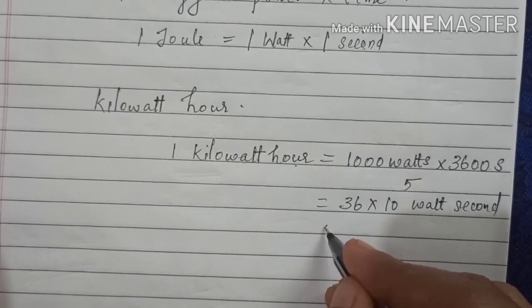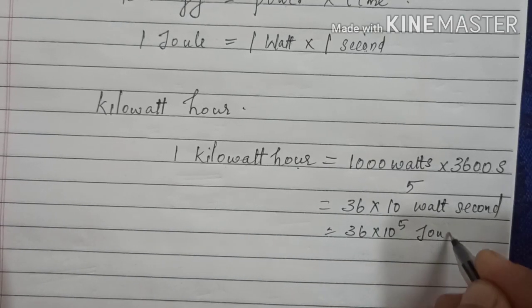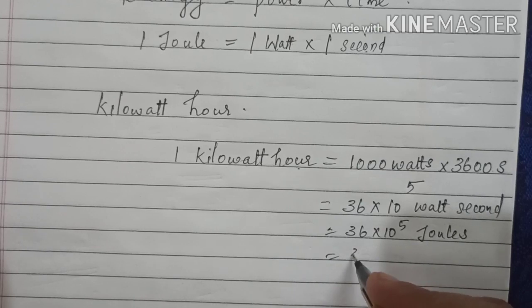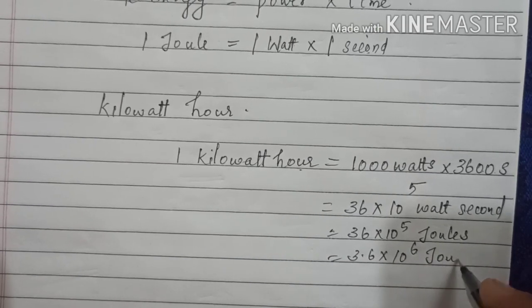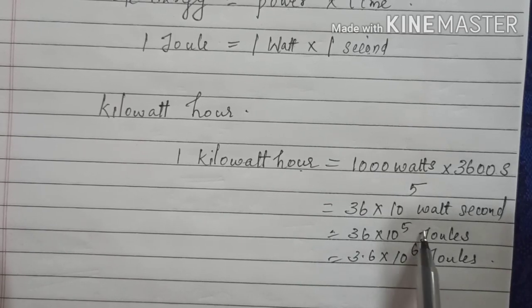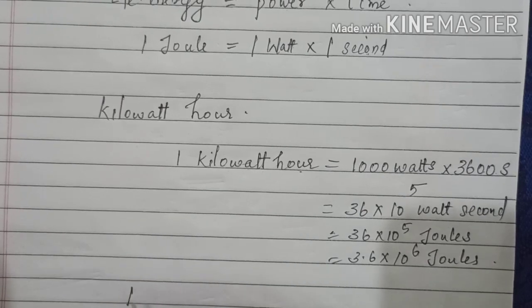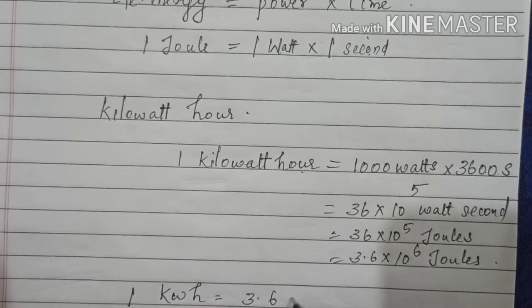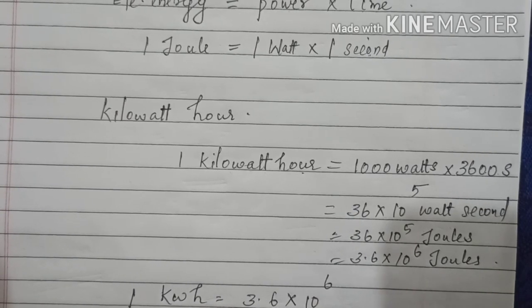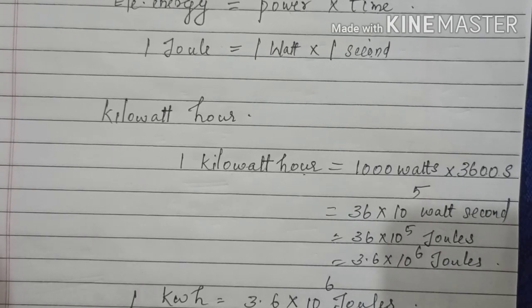So I can write 36 into 10 power 5 joules, or 3.6 into 10 power 6 joules. Anyone you can study. Clear? So I can write 1 kilowatt hour is equal to 3.6 into 10 power 6 joules.